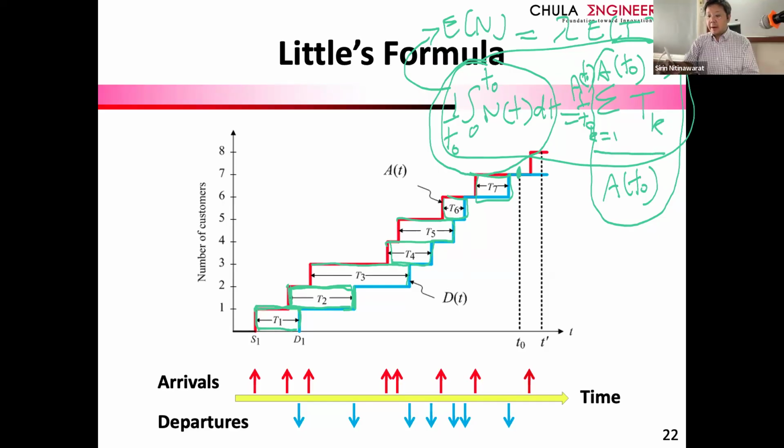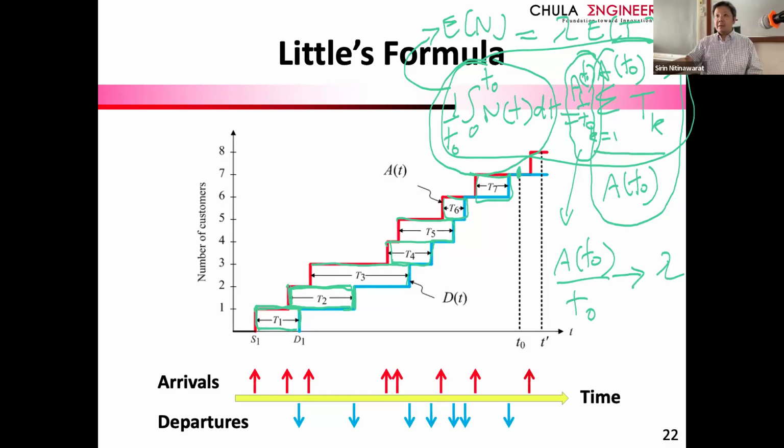But to make the equality, you also need to multiply by this quantity, which is AT0 by T0. What is that quantity? AT0 is the number of customers that have arrived in T0, right? Divided by T0, what is that? That's lambda, right? That should be on average lambda.